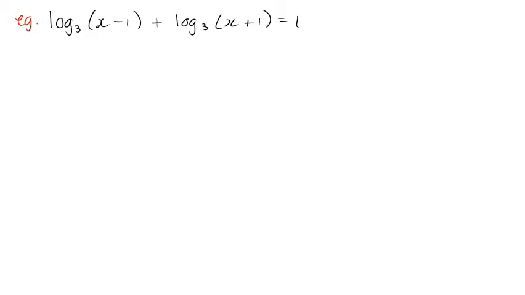Okay, log base 3 of x minus 1 plus log base 3 of x plus 1 equals 1. What rule? 1. So we can make it log base 3 of x minus 1 times x plus 1. Be careful in your rules, the log bases have to be the same. So you see we've got base 3 and base 3. That means that we can use the rule. If they're not the same, then you can't use the rule.